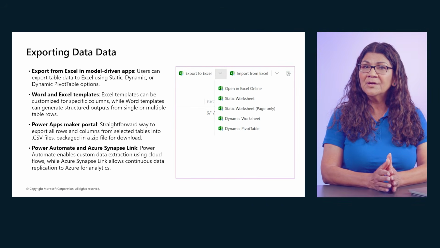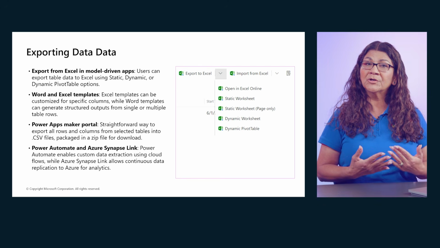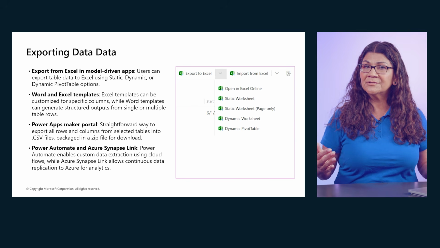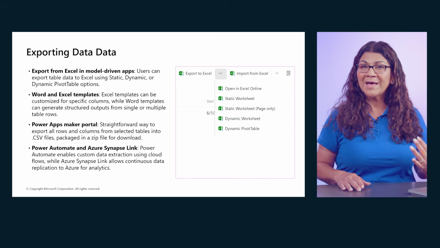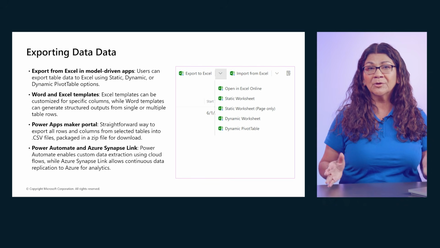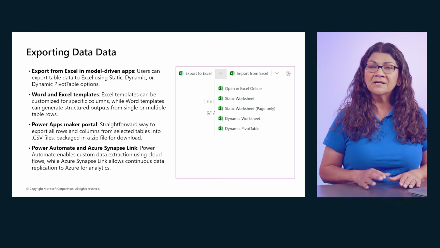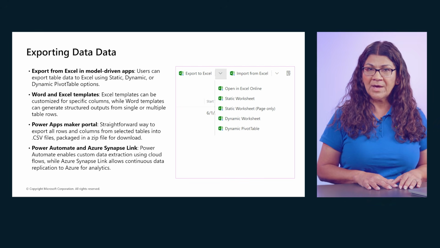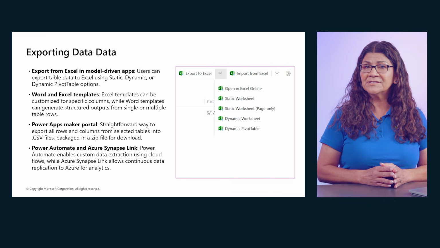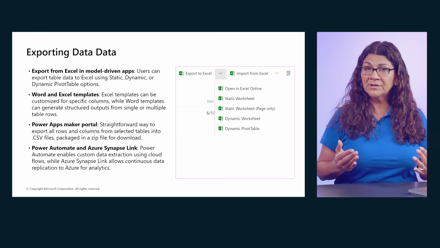The third method, Power Apps Maker Portal, provides a simple way to export all rows and columns from selected tables into CSV files that are packaged in a zip file. This is particularly useful for bulk data extraction or integration with external systems that rely on CSV formats. Lastly, Power Automate and Azure Synapse Link offer advanced export capabilities.